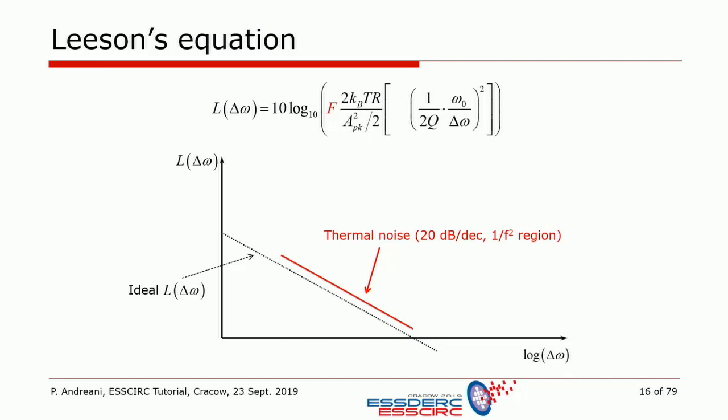Notice that the noise generating this curve is white, but because the offset frequency delta omega at which we calculate phase noise appears at the denominator, this phase noise actually grows as 1 over delta omega squared with delta omega decreasing.